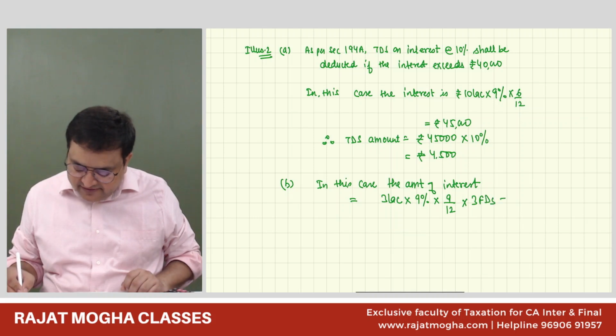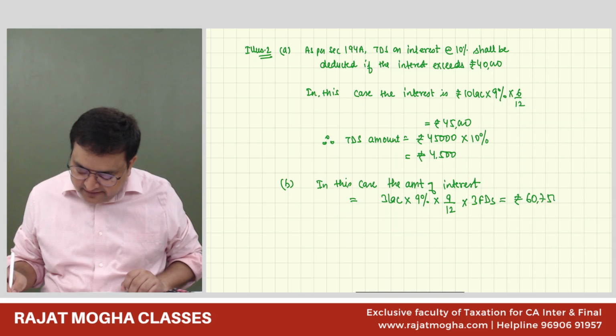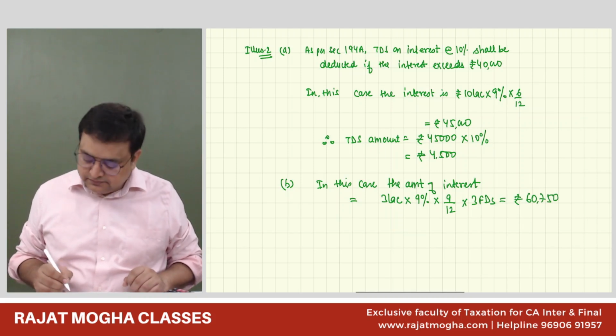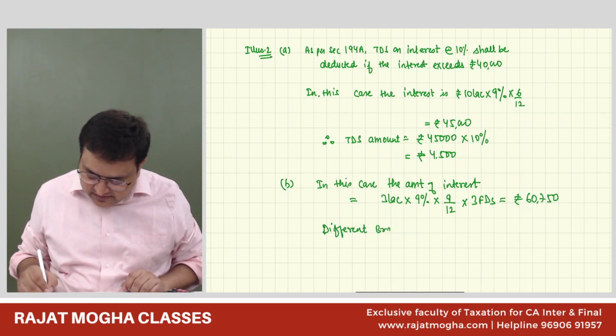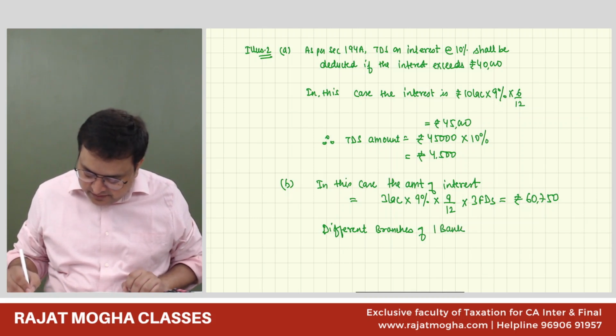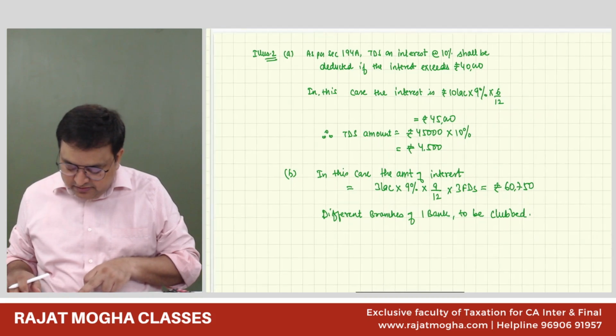There are three such FDs. So total it is 60,750. You have to mention that different branches of one bank are to be clubbed. We'll club all the different branches.